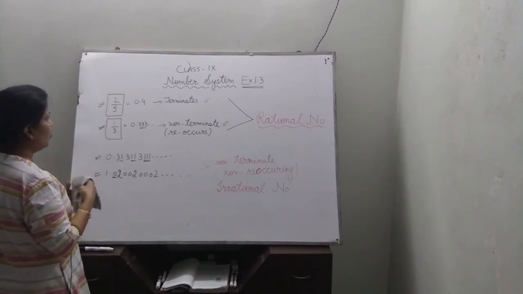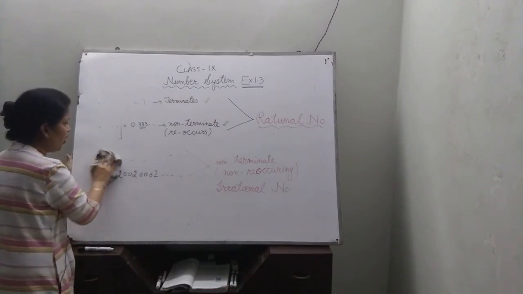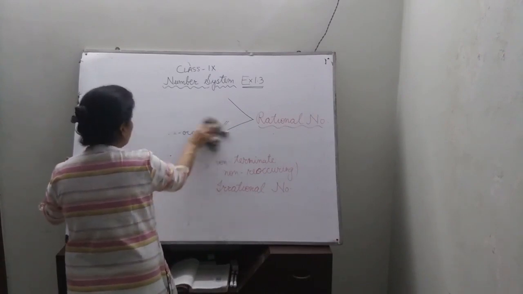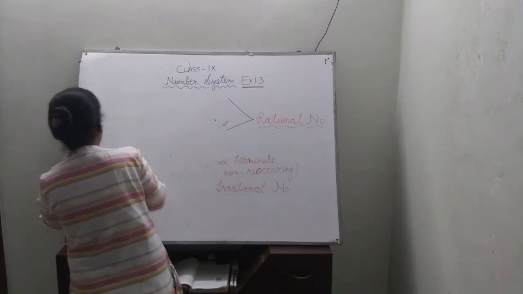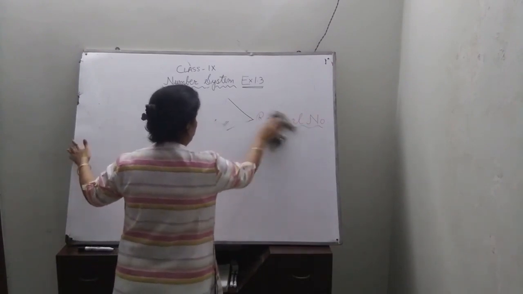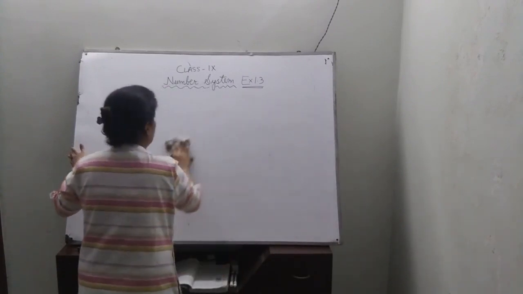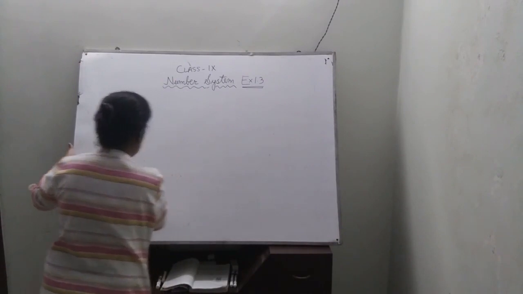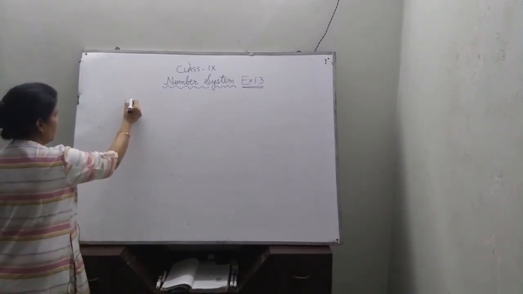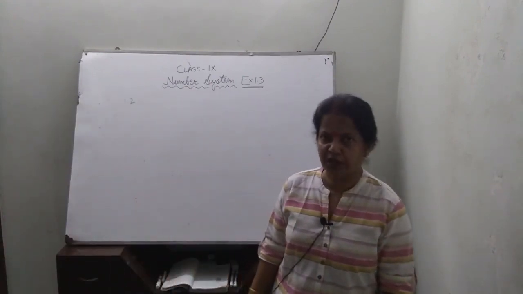Now today we will take the concept from worksheet 1.3: how to convert the decimal expansion into rational number form. Suppose that this is the number. Can we convert this number in the form of a rational?